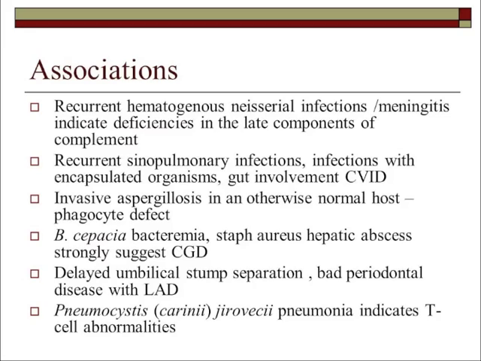Just to summarize, these are the big things for the test. You see recurrent bacteremias or meningitis with Neisseria. You're going to think complement, and you're going to order what? Yep, good. That was the first one, exactly. Perfect. Recurrent sinopulmonary infections plus mostly encapsulated organisms and some gut involvement.